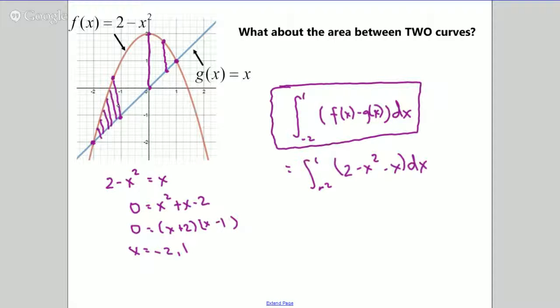So unlike area under the curve, just area between the curve and the x-axis, where you can get negative area, in this case, you're not going to. So if you do get a negative area, something went wrong if you have two curves.